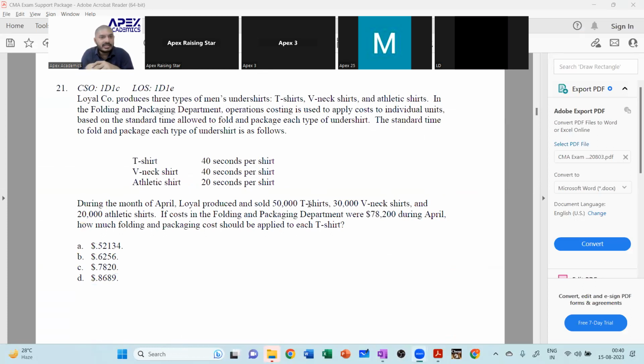Loyal Company produces 3 types of men's undershirts: t-shirts, v-necks, and athletic shirts. In the folding and packaging department. Now, I don't know about girls' shirts, but I know about gents' shirts. When a gents' shirt is manufactured and it comes to you, it comes folded, packed.